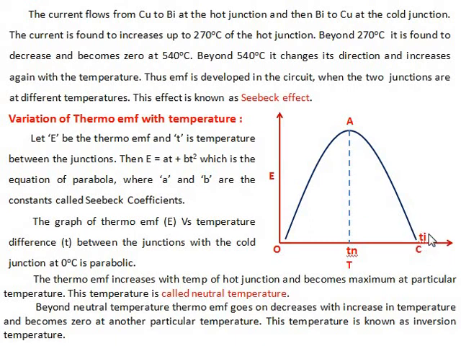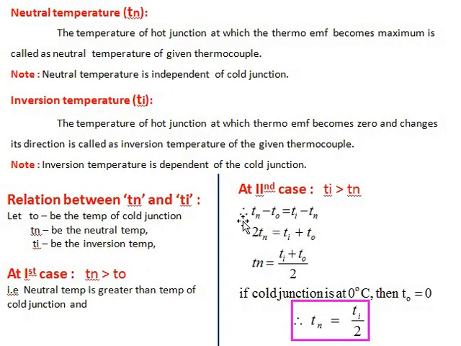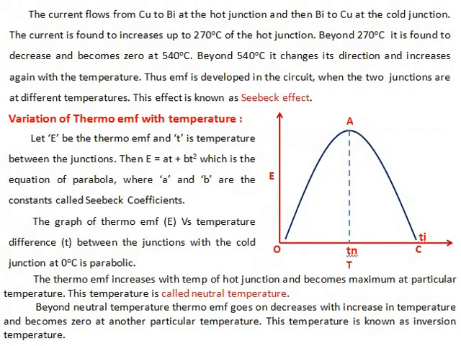Inversion temperature is greater than neutral temperature. So that thing we take here. Therefore Tn minus T0 is equal to Ti minus Tn.